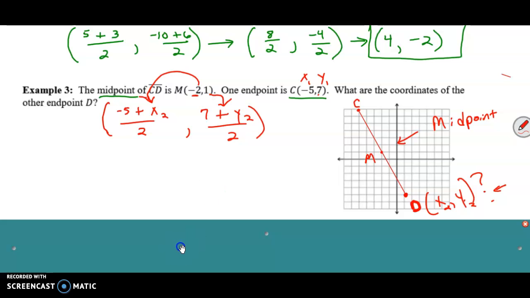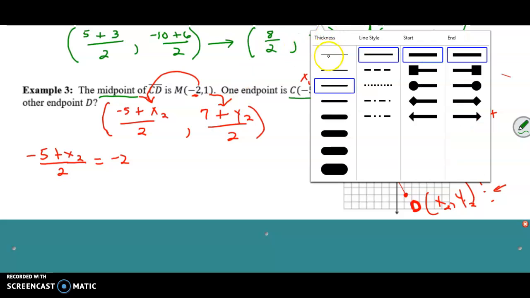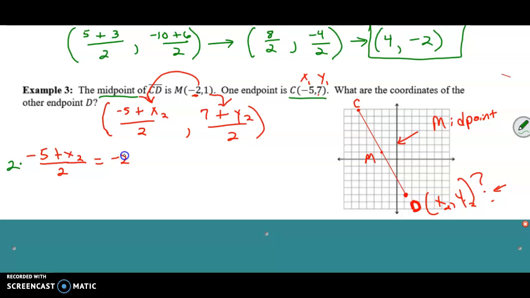the coordinate 1. So what I'm going to do here is write two separate equations. This part right here, -5 plus x2 divided by 2 has to equal -2. Where'd that -2 come from? It was my x-coordinate of my midpoint. To solve this equation, I need to multiply both sides by 2 to get rid of this fraction.